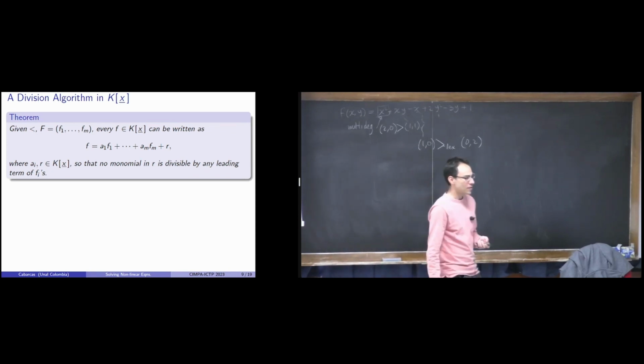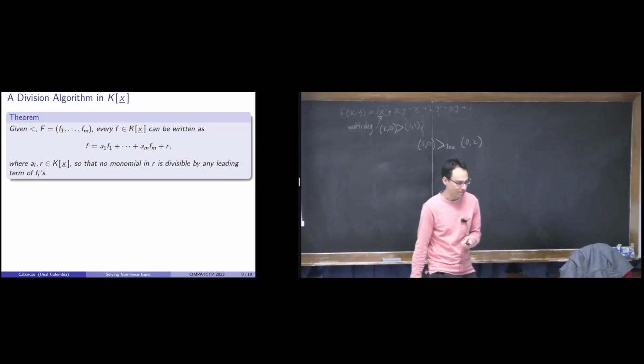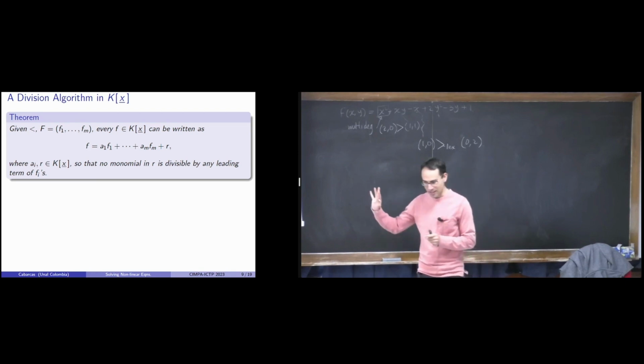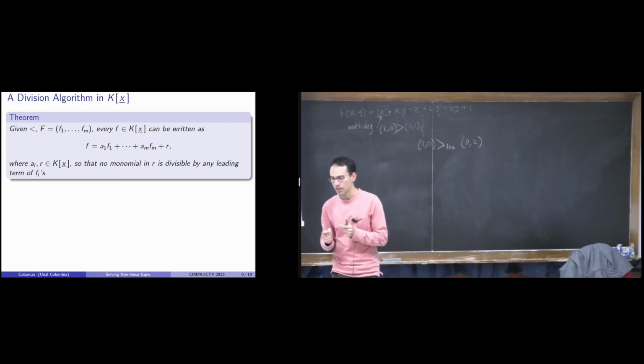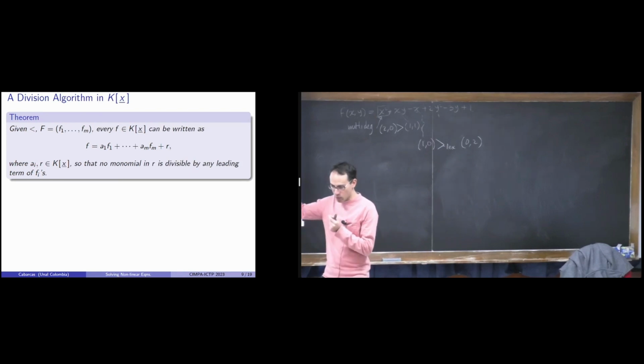First thing we're going to need is some sort of division algorithm. Just as with one variable, we can have one for multiple variables, and we can write it as a theorem like this.